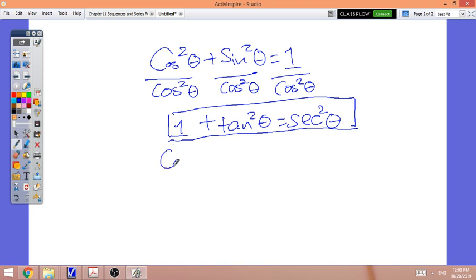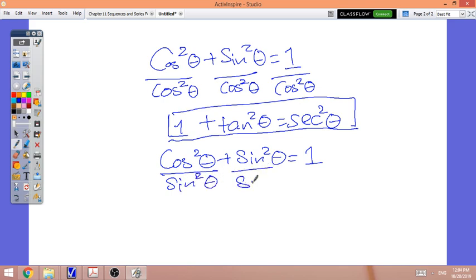And then to prove the third one, again we go back to the basic one first. Instead of dividing by cosine squared of theta, this time we divide by sine squared of theta, again every single term. So cosine squared of theta divided by sine squared of theta, we do have cotangent squared of theta.